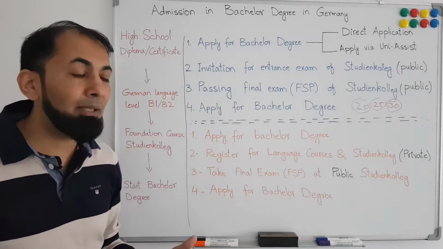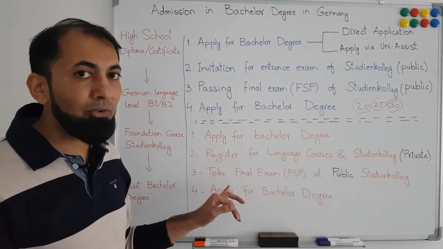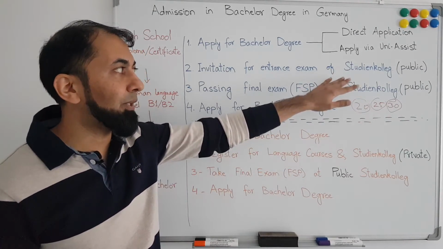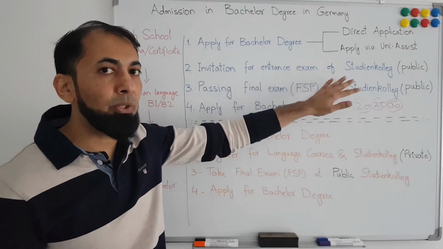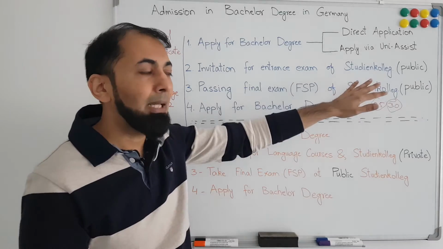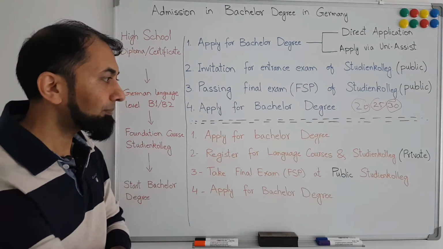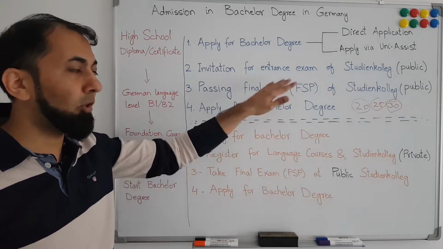It can be more, it can be less, but the average is 4,000 to 6,000 euros. That is the drawback, but here you can save your time and effort. If you don't qualify the entrance exam of one Studienkolleg, you have to search for the others, and in this you may also lose some time. So you can set your own priorities, whether this one or this one.